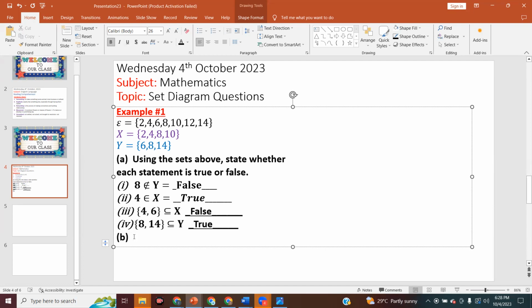For B, they want us to list the members of the following sets. Now, if we're listing the members of sets, what do we need? Curly brackets.